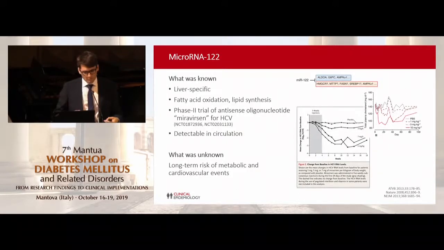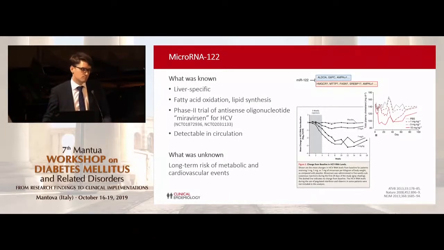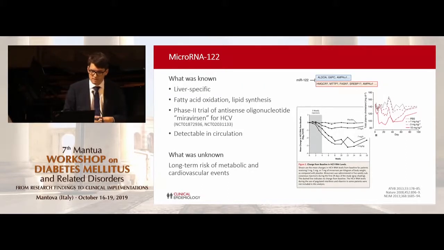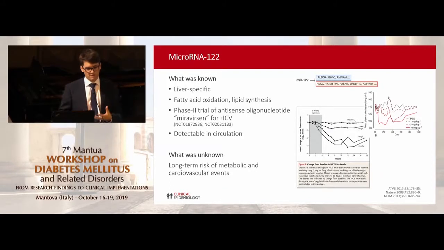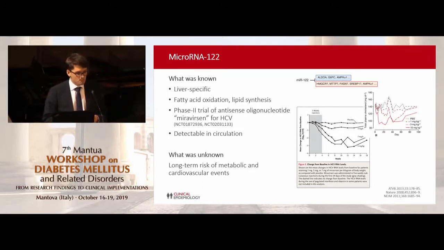For the data that I will be presenting to you today, I will largely focus on a specific microRNA called microRNA 122. This is a microRNA that is liver-specific. It constitutes about 70% of all the microRNA that is produced by the liver.